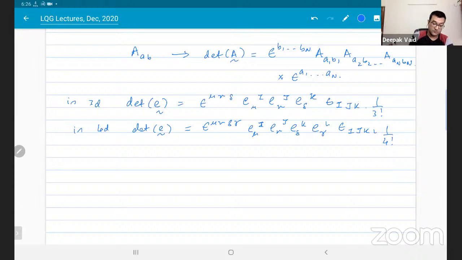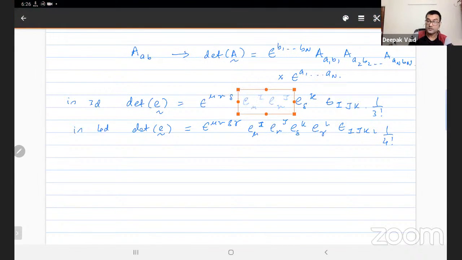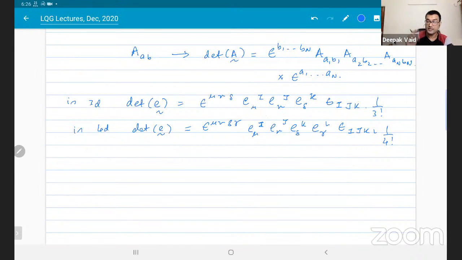right? So now 2 of these copies go into contracting the indices on the curvature tensor, right? Because if you have the curvature tensor, you want to write down mu nu ij. To convert these 2 indices, what do you use? You contract with 2 copies of the tetrad.